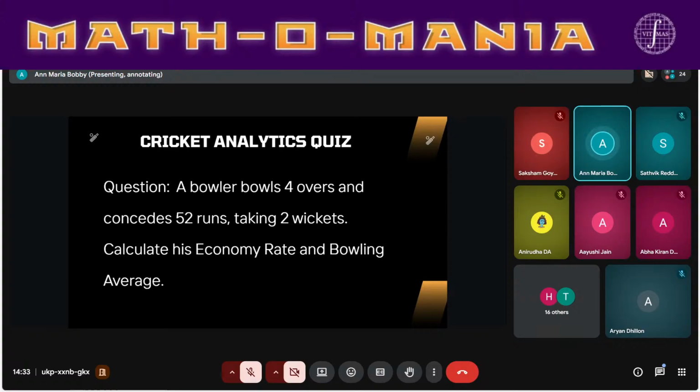Calculate his economy rate and bowling average. If you want me to proceed with the answer, I'll move on.